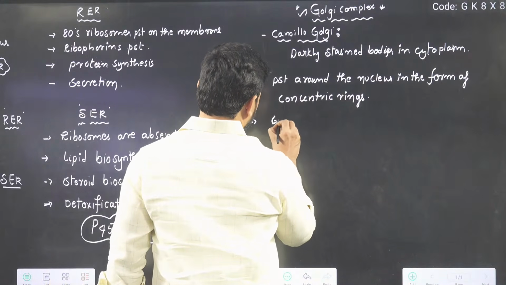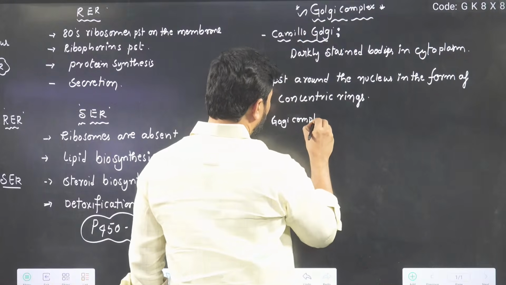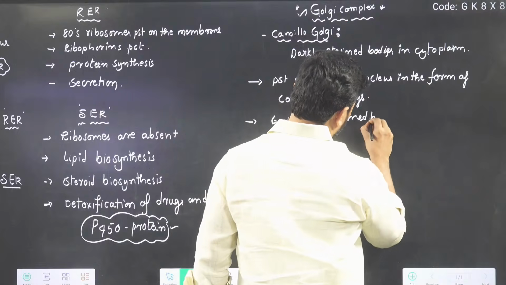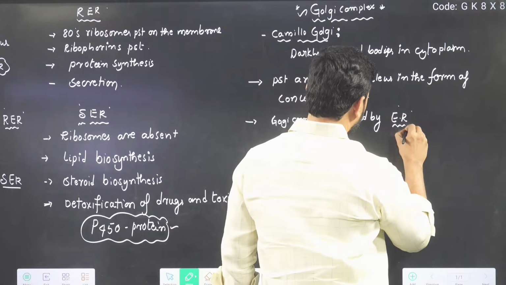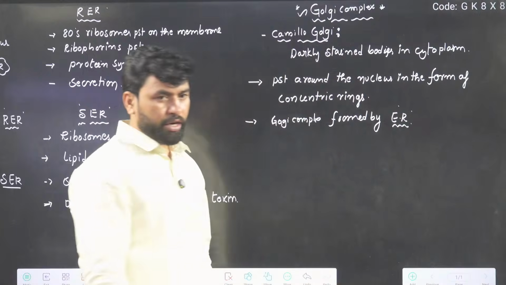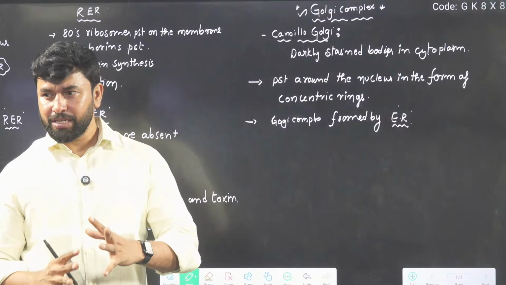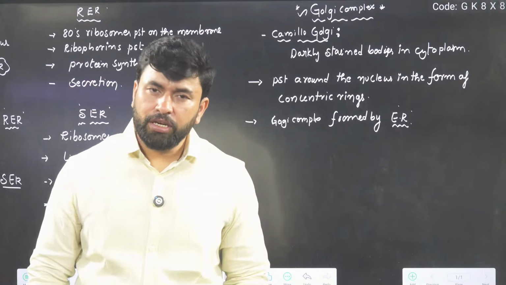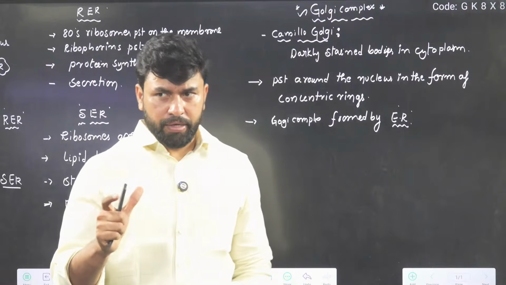Next one. Golgi complex is formed by endoplasmic reticulum. Keep it in mind. Okay. How does it appear in structure? Which means I want to study the structure of the Golgi complex. In structure, how does it appear?